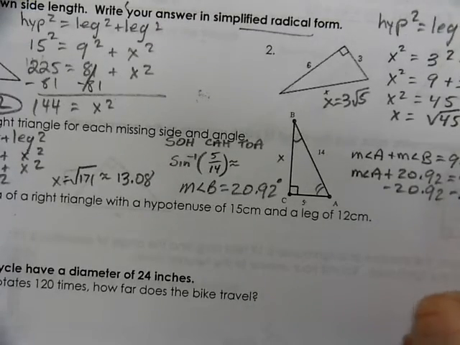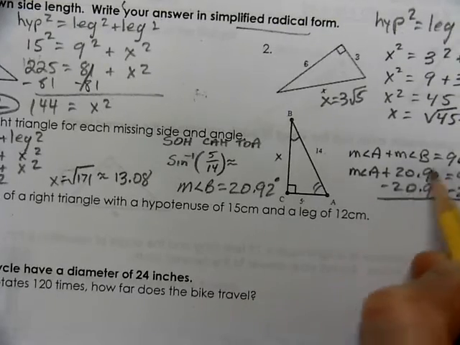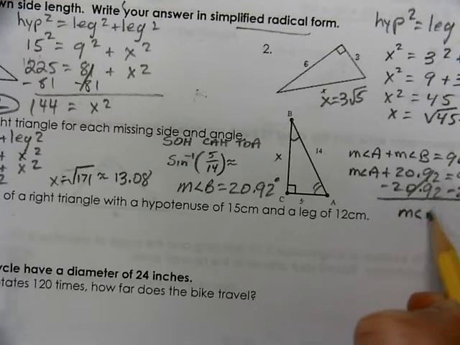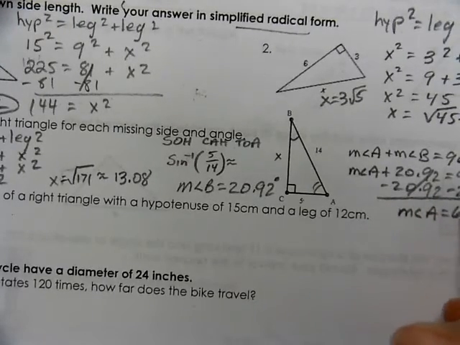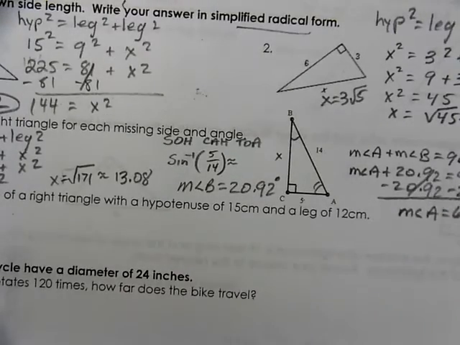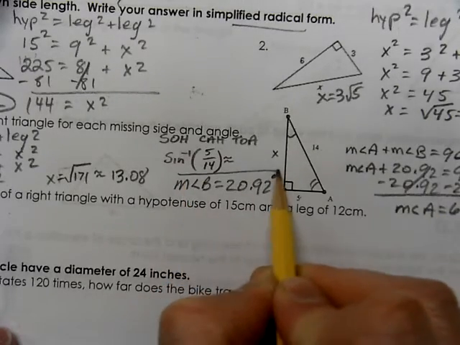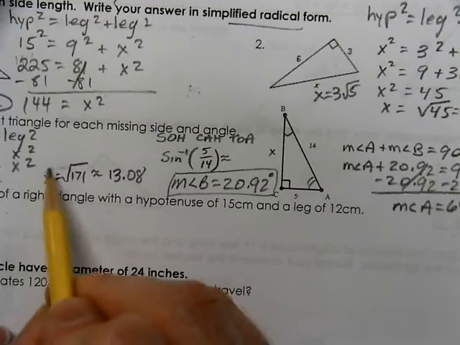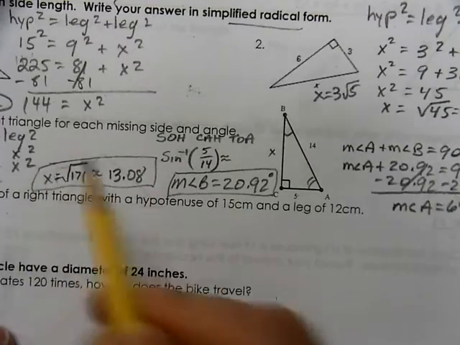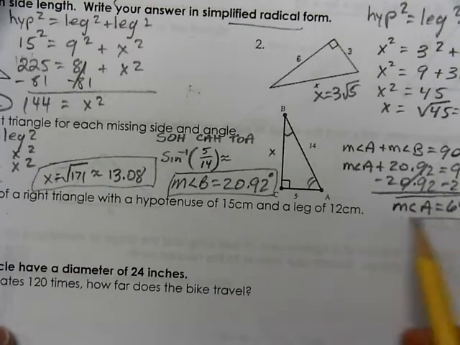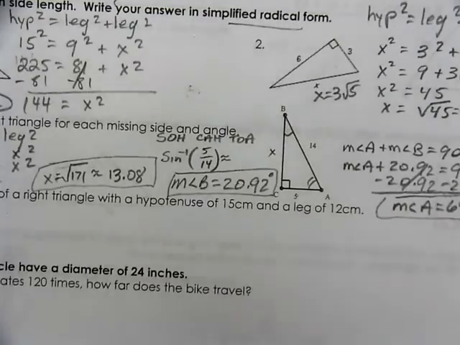We'll subtract that to the other side, which should give us 69.08. So we have the measurement of our side, angle B, and angle A.